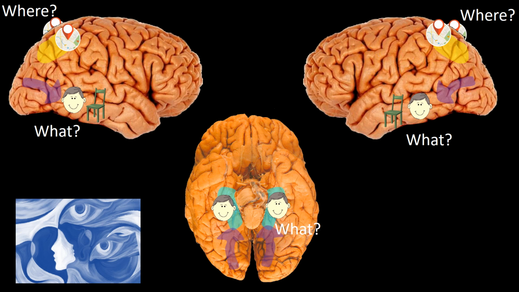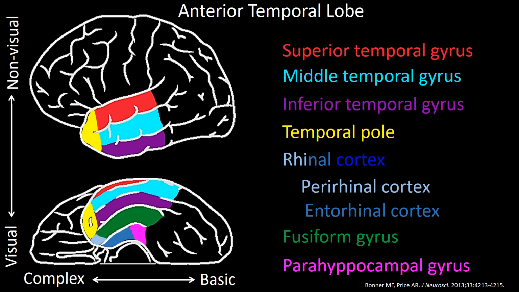Patients with hallucination related to what or who tend to have involvement of the ventral or what pathway in the occipital temporal region. The more anterior the involvement in this pathway, the more complex the visual imagery is.